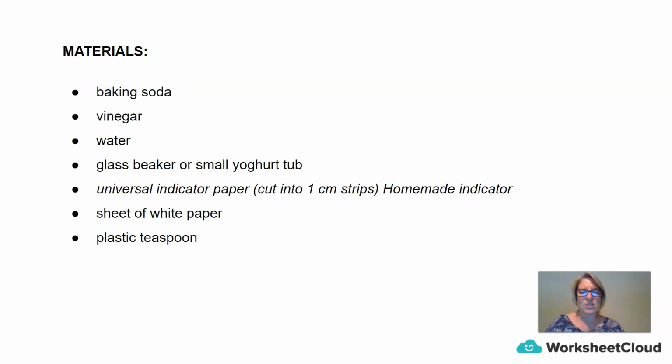And then it is ideal to have universal indicator paper that you've cut into strips. But if you don't have that, why don't you go and make yourself some homemade indicator, like beetroot juice or red cabbage juice. It will help if you have a piece of white paper handy and a teaspoon.